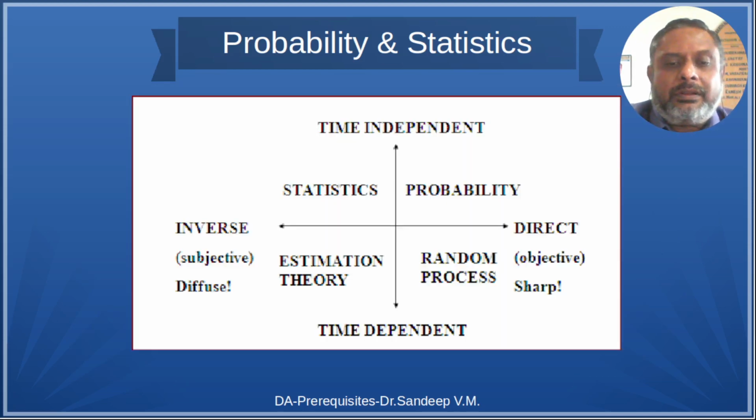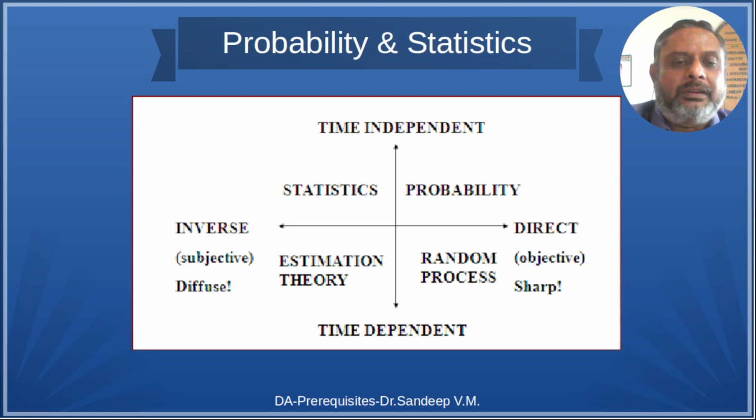So there are time dependent and time independent problems. Then we have direct or objective, that is the sharp one. Inverse is subjective, which is the diffused one. If you are talking about a time independent direct method, then we are working with probability.